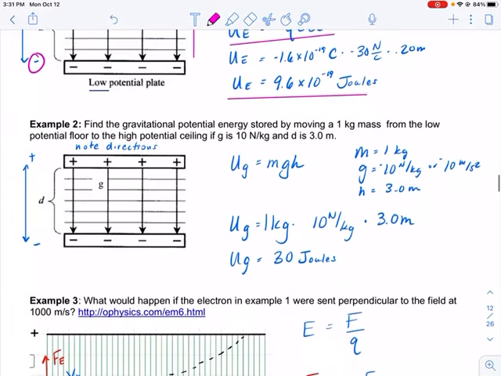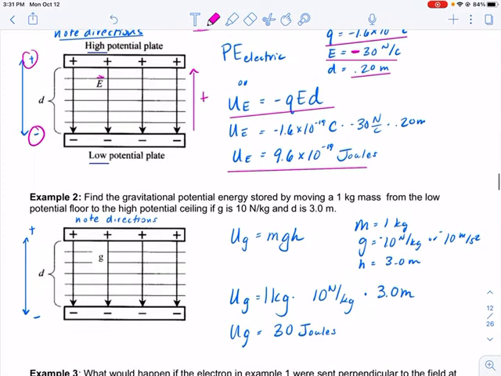Let's try another one. And this is a similar problem, but notice instead of electricity, we're dealing with gravity. Find the gravitational potential energy stored by moving a 1 kilogram mass from the low potential floor to the high potential ceiling if G is 10 newtons per kilogram and D is 3 meters. So I want you, again, to notice the similarities here.